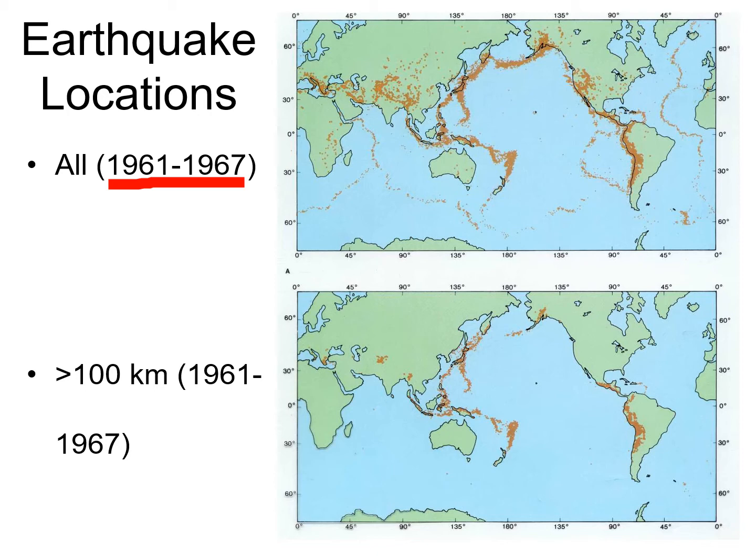But if we look around, again, you can clearly see something going on around the Pacific Ocean. So you can clearly see the ring of fire. Now, again, the top map is showing all of the earthquakes between 1961 and 1967, while the bottom map is showing the earthquakes that are deeper than 100 kilometers.